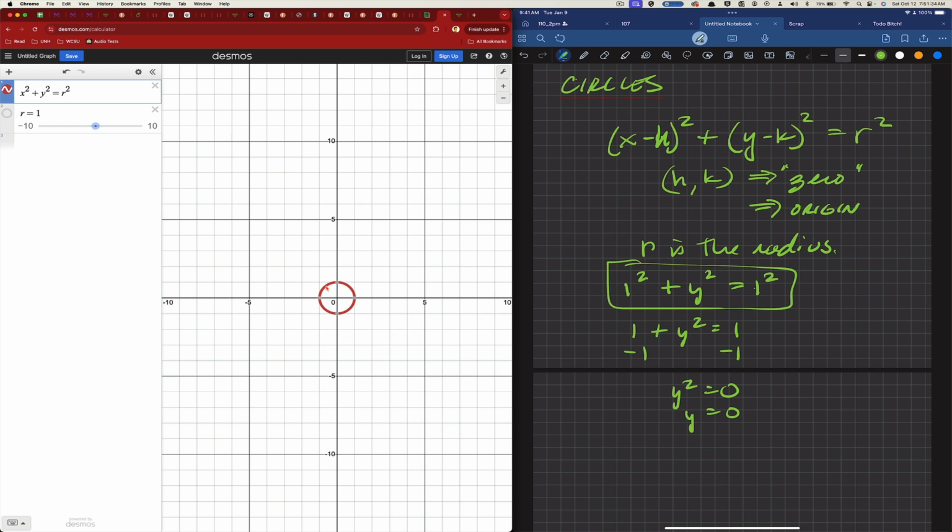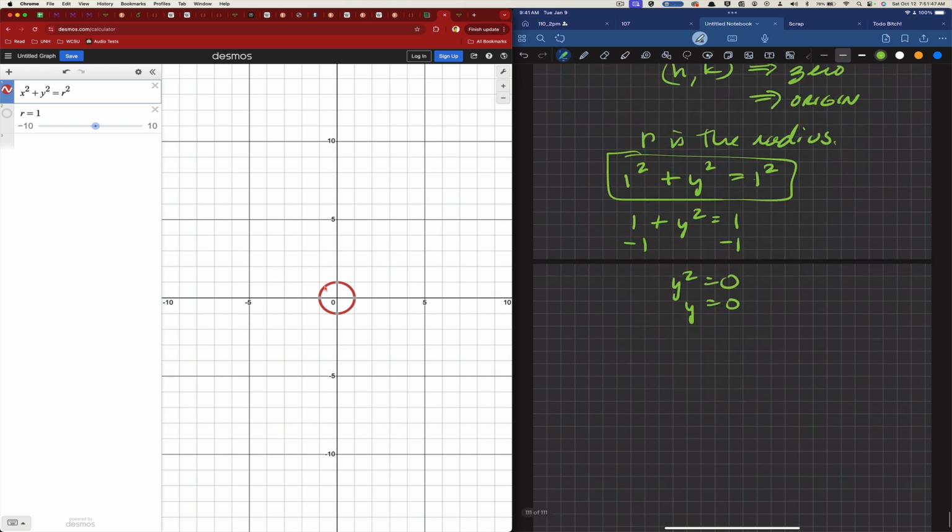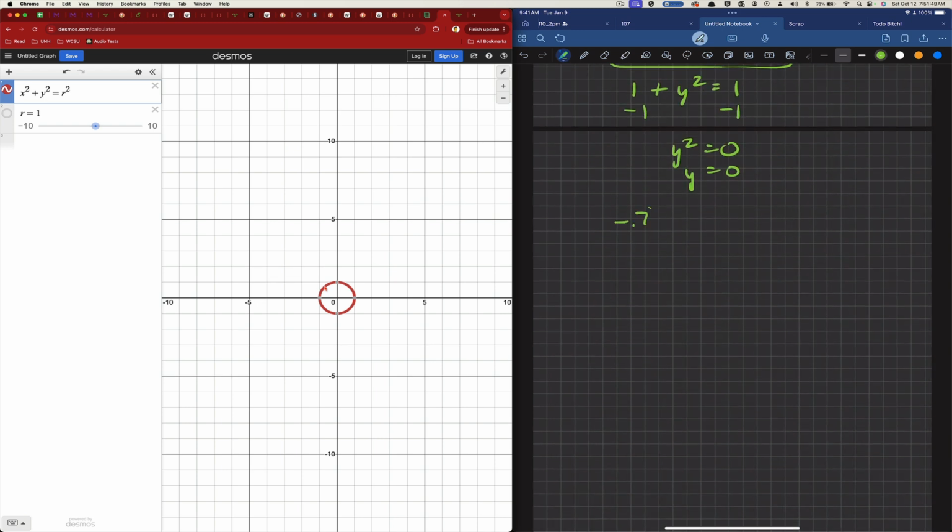This point is, let's say, if I put negative 0.7 in for x, negative 0.7, square that, plus y squared, whatever that is going to be, 1 squared is 1.